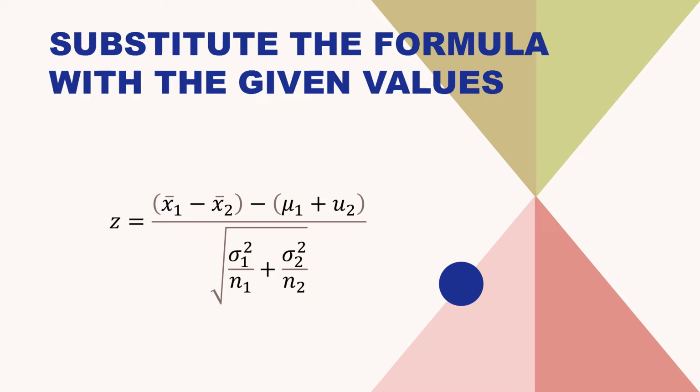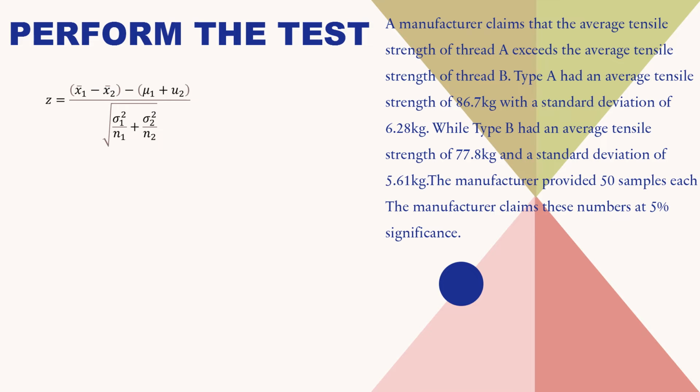Okay, so we've done this from the previous part, so I'm just going to skip this slide. Next, we have to perform the test. Performing the test is relatively simple since we've already substituted our variables.